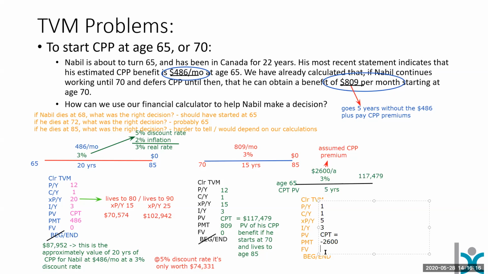I could buy that argument. I just don't want to go down that path here if we can avoid it. Is that fair? But yeah, maybe with Nabil, we say still working, so he's going to let his investments ride a little bit more. Who knows? So future value is going to be 117,479, and it's going to be a positive.